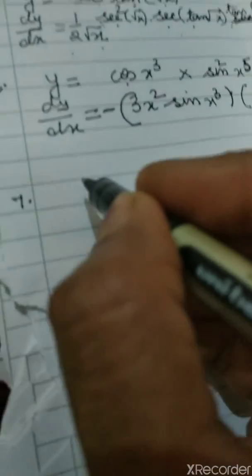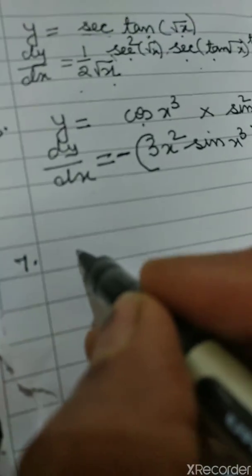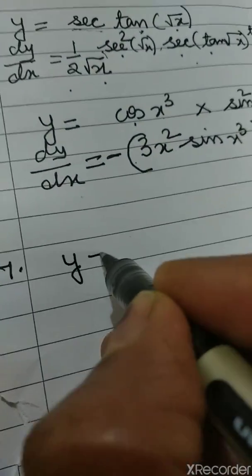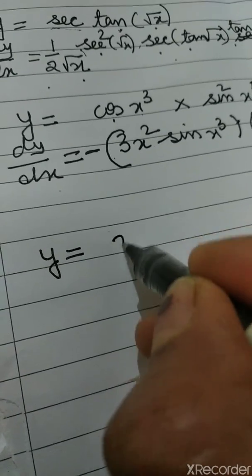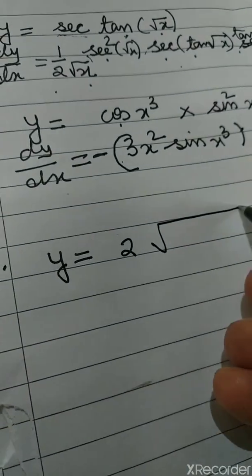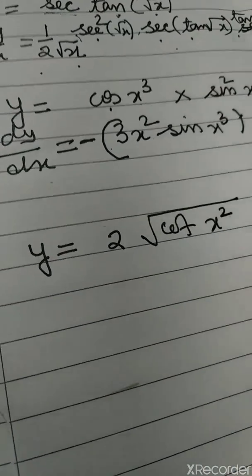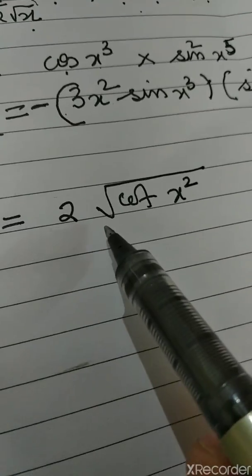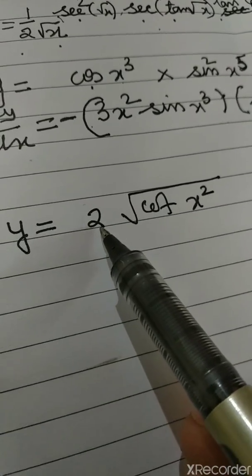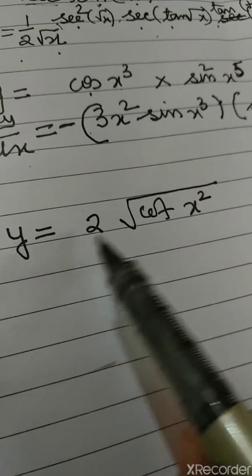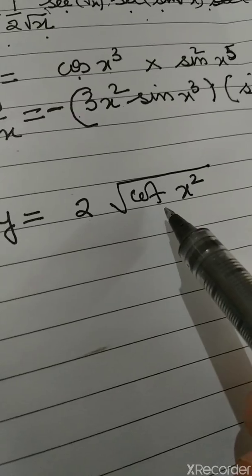The next function that we have is the 7th question. The 7th question, again, is a composite function, which is 2 times under the root of cot of x square. So here also the function looks like a product of two expressions, that is 2 times under root of an expression.